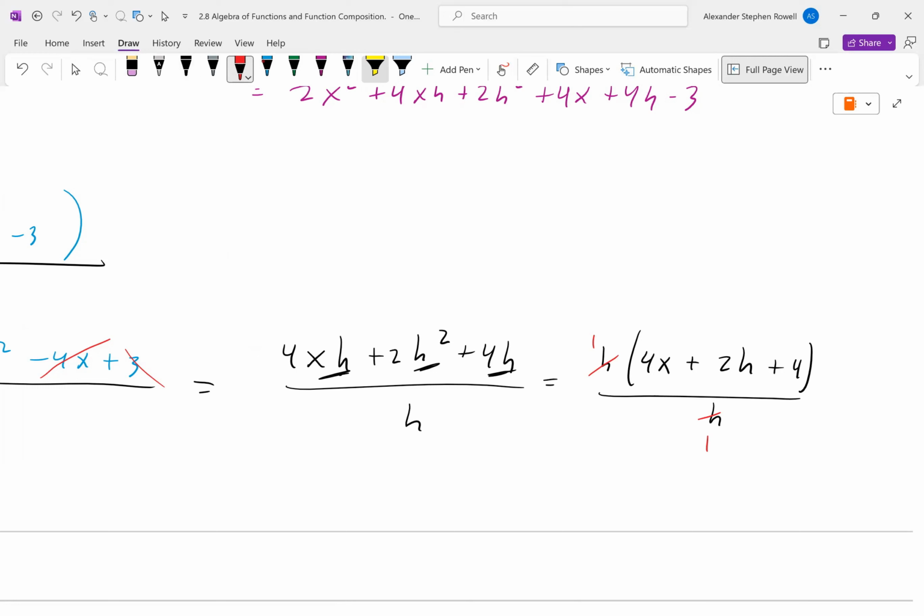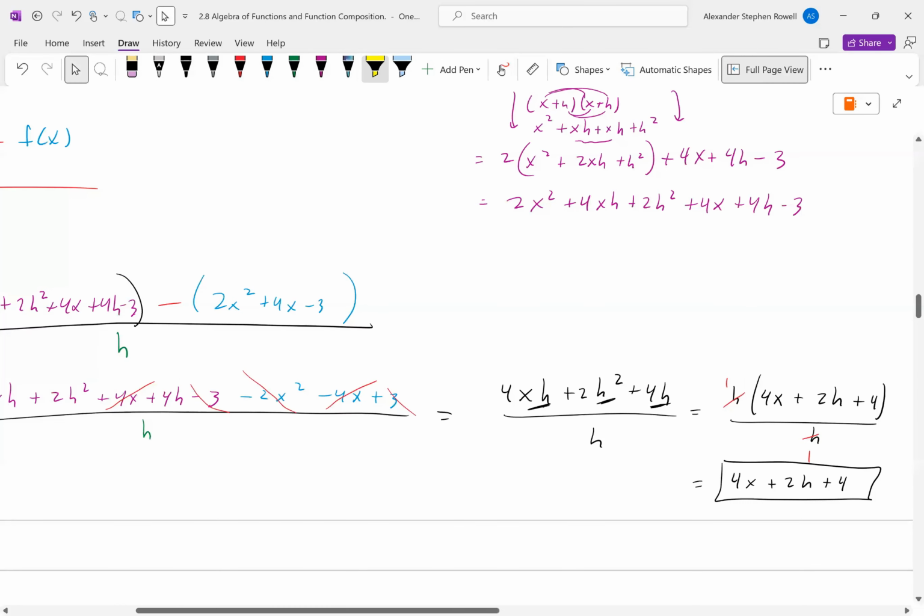Once you've done that, you got rid of the h on the bottom, you're done. 4x plus 2h plus 4 is our answer. You found the difference quotient, which represents the slope of the secant line at any point x. Now you can find the slope of the tangent line by taking h to 0.